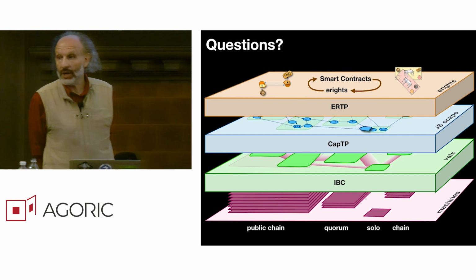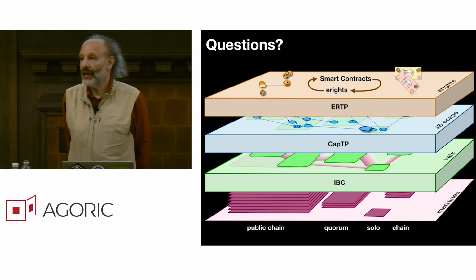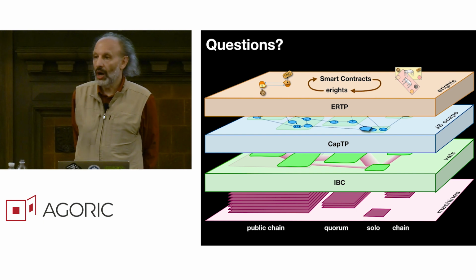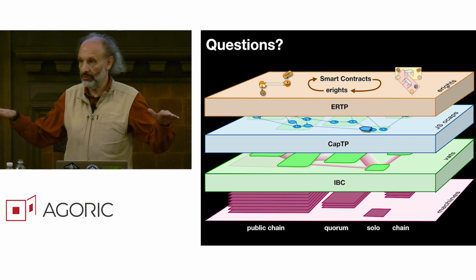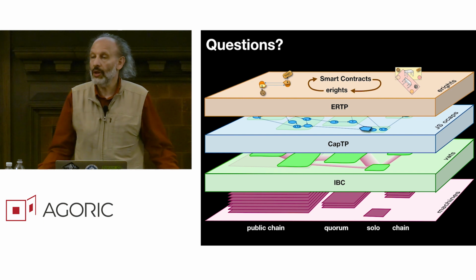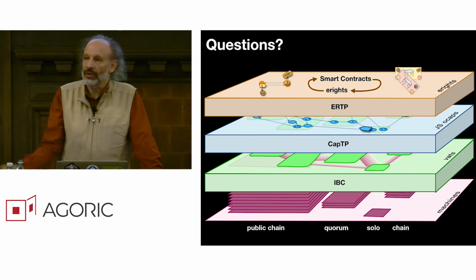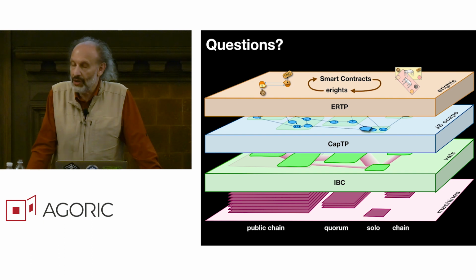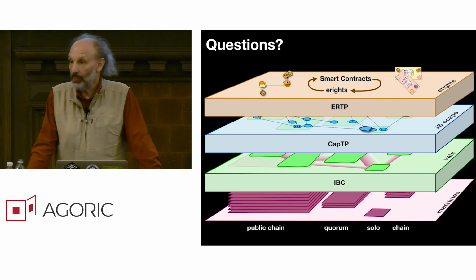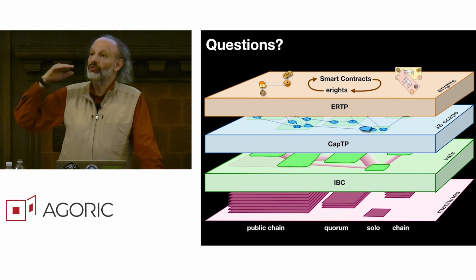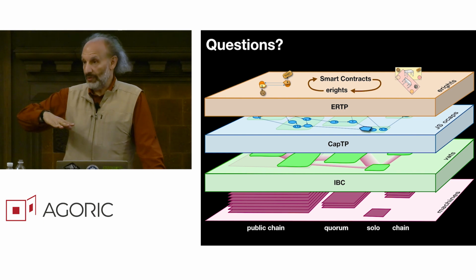WASM is an instruction set architecture. It's an instruction set architecture that has the security properties of a process with an address space, where it's a flat address space. And we've seen, for example, with the recent exploit on 0x, or actually the vulnerability that 0x discovered before it was exploited, fortunately, that was a mismatch between the Solidity level of abstraction and the EVM level of abstraction.